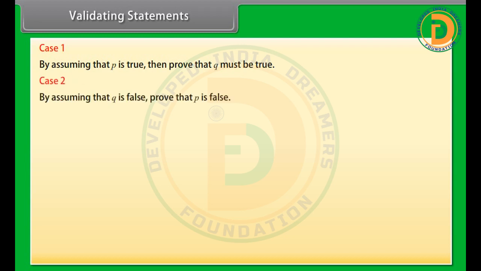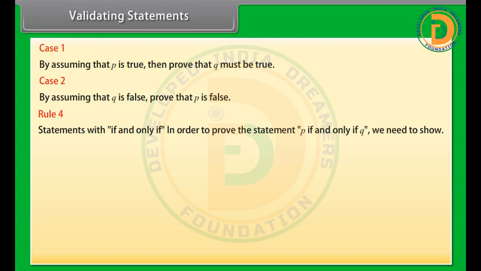By assuming that Q is false, prove that P is false. Rule 4. Statements with if and only if. In order to prove the statement P if and only if Q, we need to show Case 1: if P is true, then Q is true. Case 2: if Q is true, then P is true.